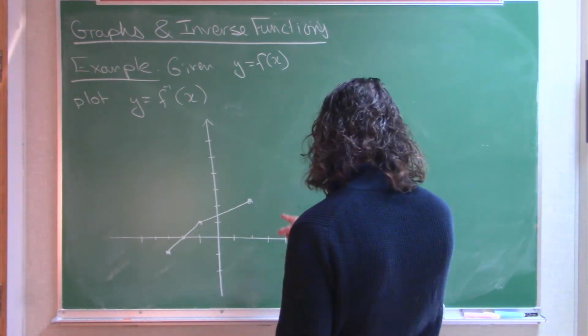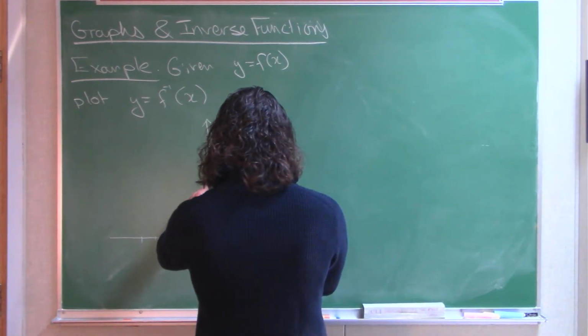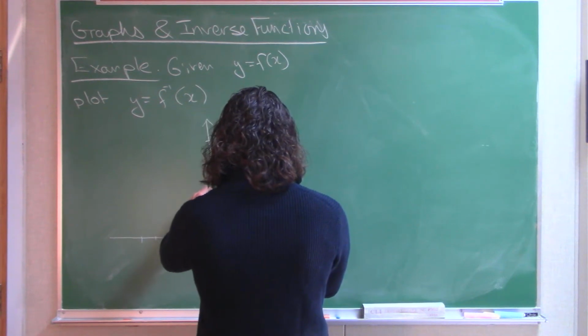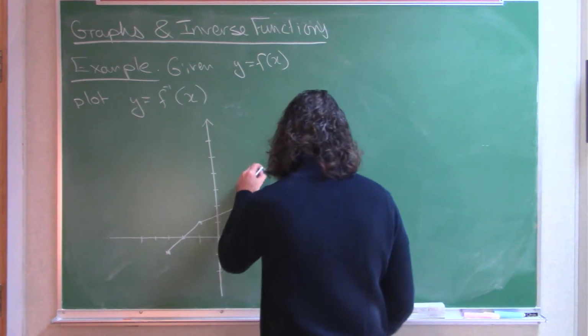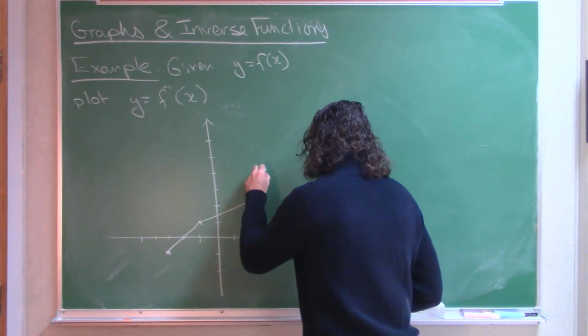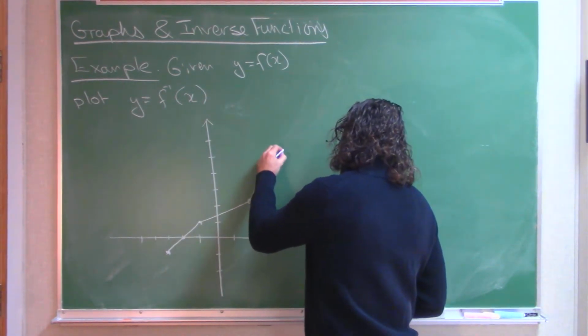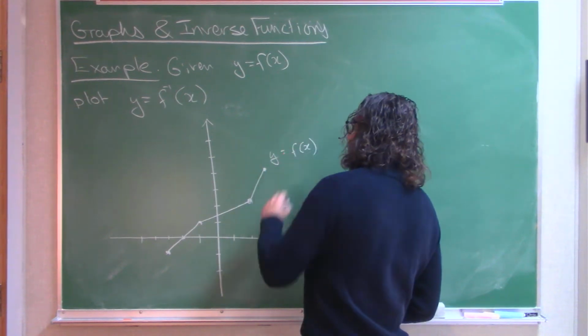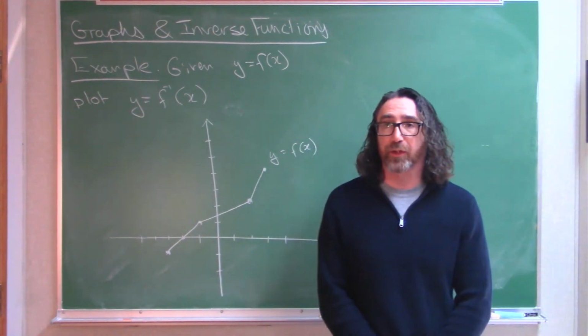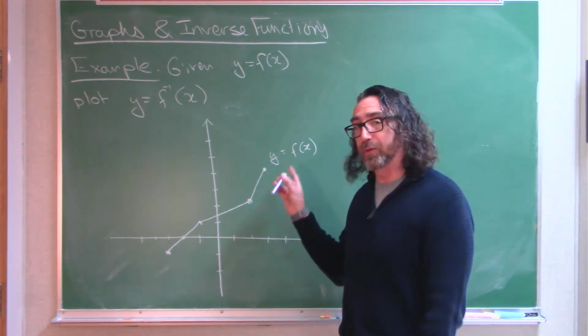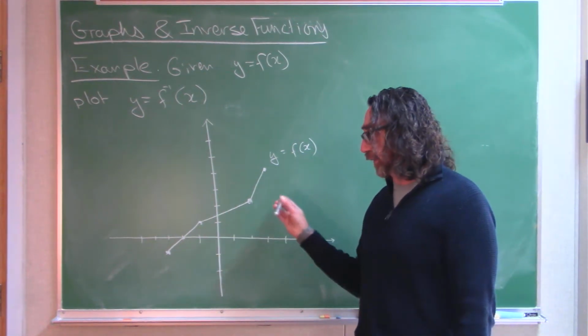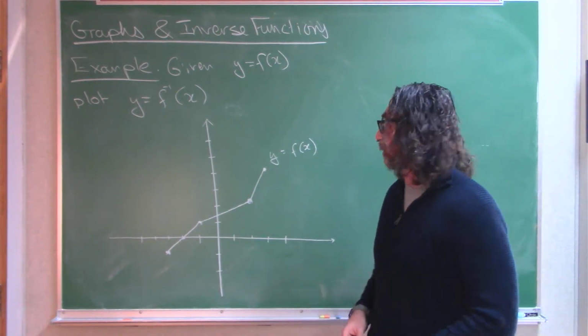Put in 2, we get 2, and let's say we put in 3, we get 4. So this is the graph of my function, y equals f of x. Now notice I am not giving you the formula for the function. I'm just telling you this is the graph, this is the function.